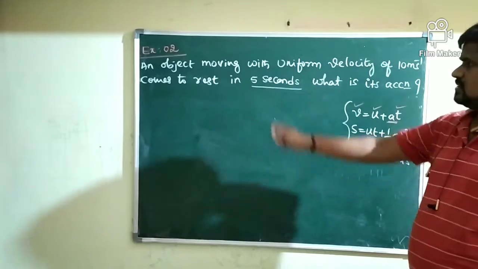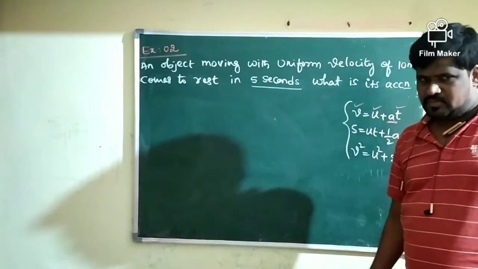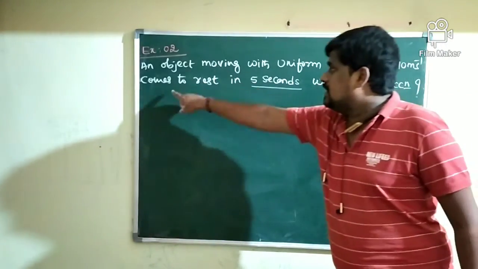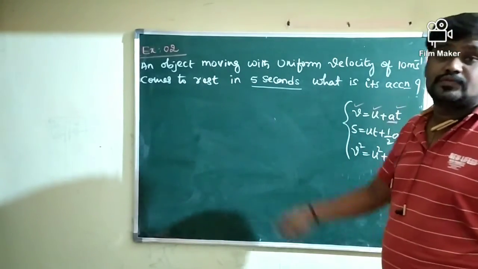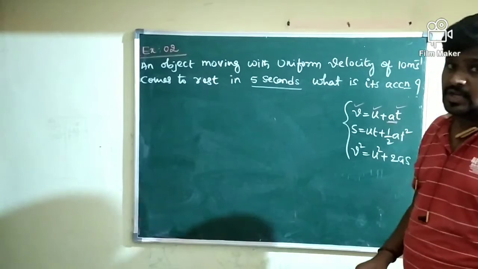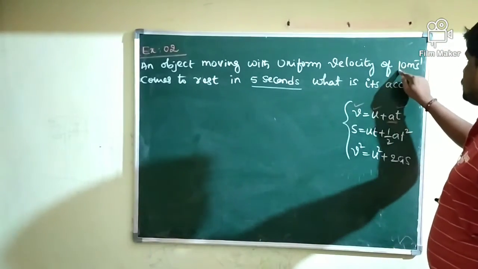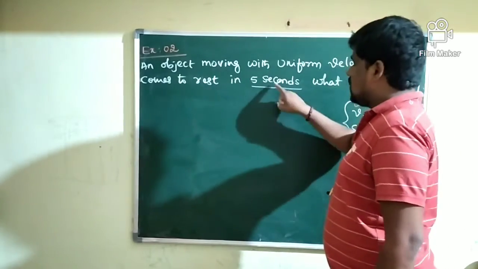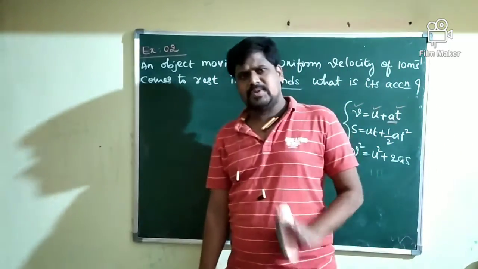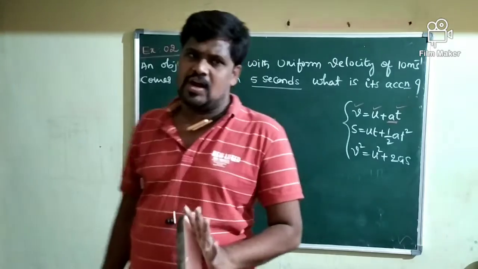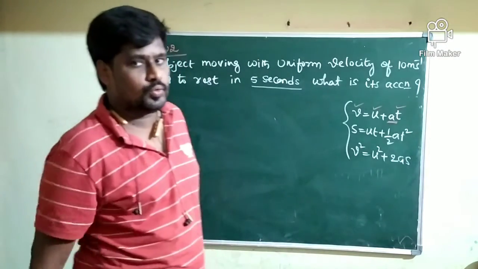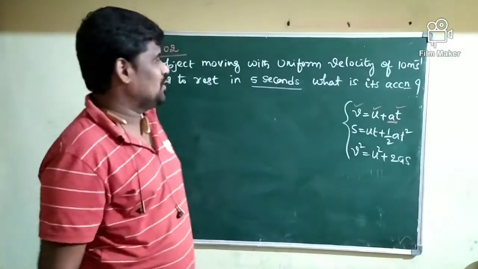After 5 seconds the body comes to rest. It means the initial velocity was 10 meter per second and its final velocity is 0. The velocity changed from 10 meter per second to 0 after 5 seconds. When the velocity changes, definitely the body should have acceleration. They are asking you to calculate the acceleration.